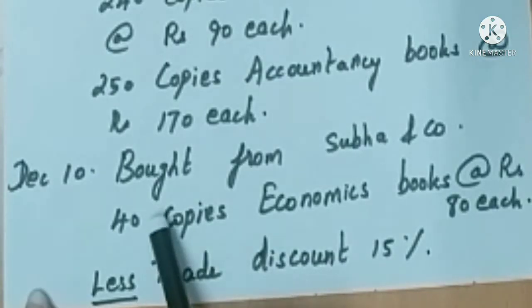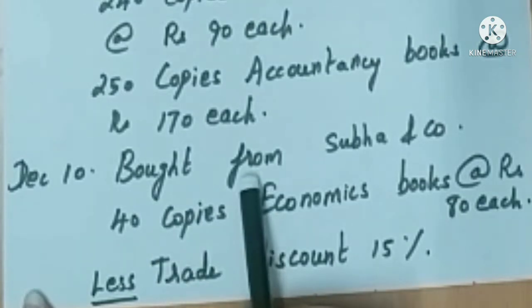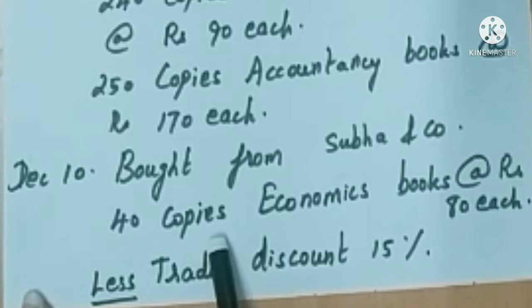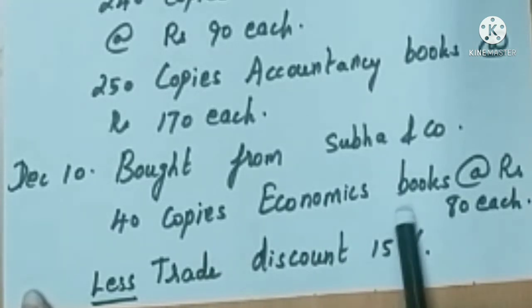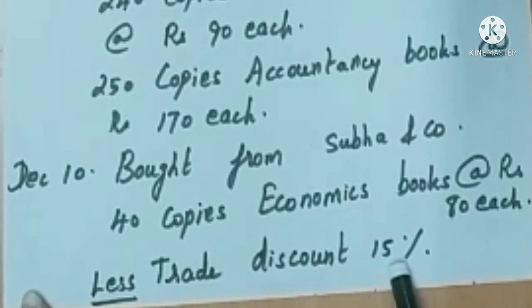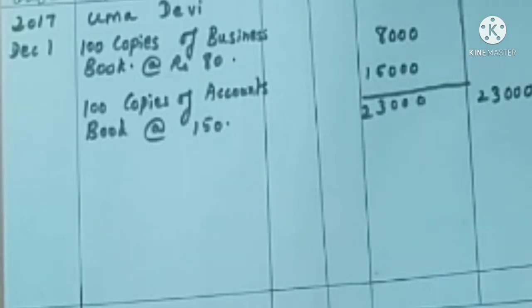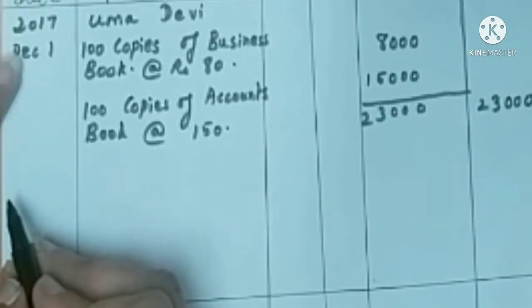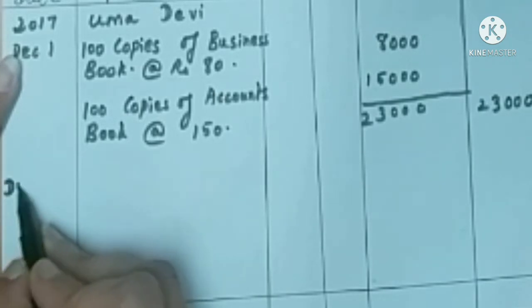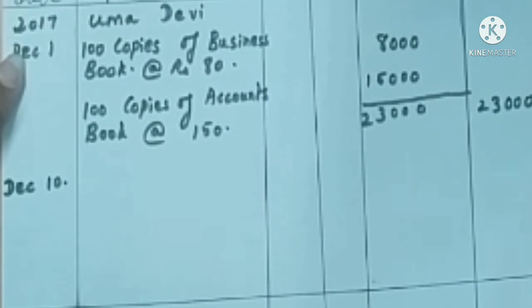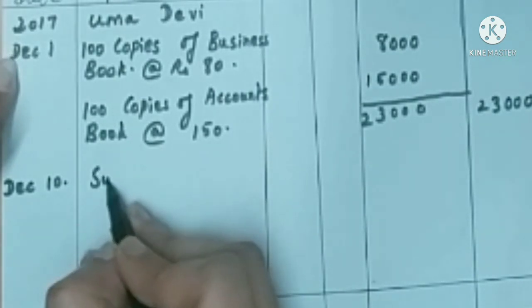Then again, we are purchasing from Subha and Company 40 copies economics book at rupees 80, less trade discount 15%. So the date of the transaction is December 10, Subha and Company.